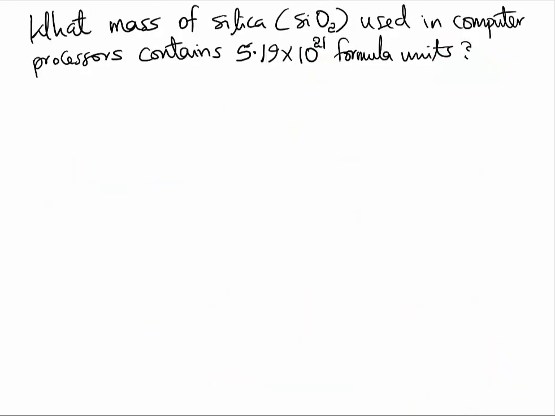Let us now take a look at another question that is similar in concept to what we just did. What mass of silica, SiO2, used in computer processors contains 5.19 times 10 to the power 21 formula units? Formula units is being used here to represent individual molecule. We want to find the mass.